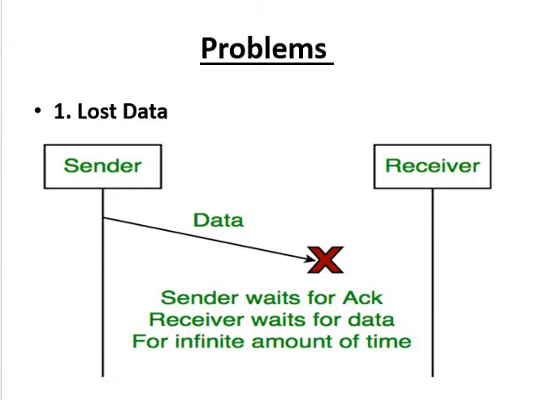Means sender is assuming that the receiver may have received the data, and is waiting for the acknowledgement. But on the receiver side, the data is not yet received, so the receiver will not send the acknowledgement. So both will wait for an infinite amount of time. This is due to loss of data.